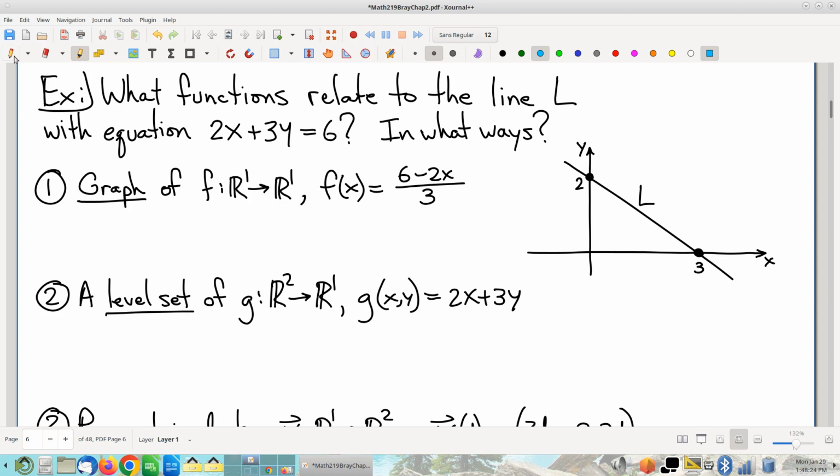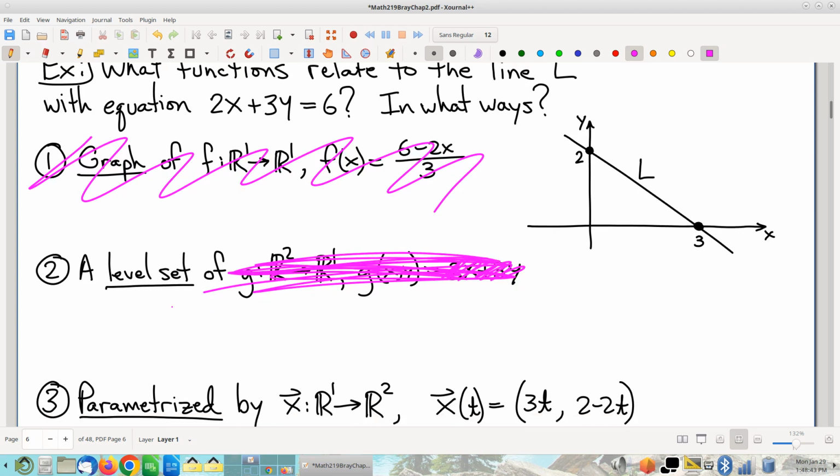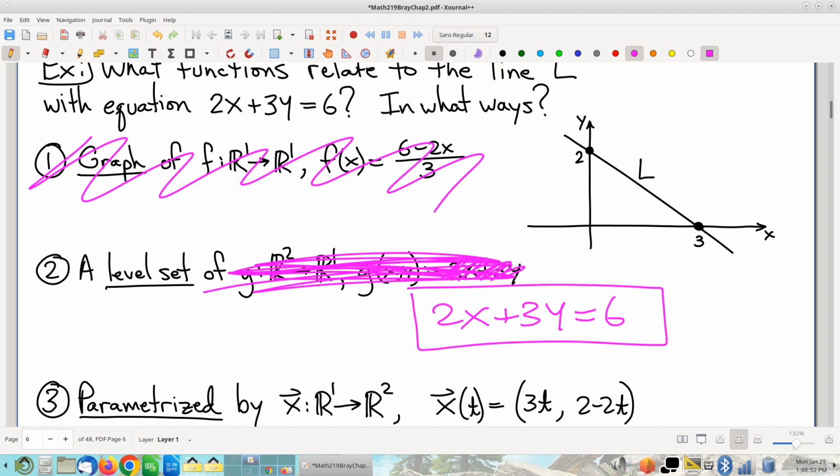So for example, if I were to ask you, let me just do it like this: find a function for which a level set is this line. If you write down 2x plus 3y equals 6, that's wrong.